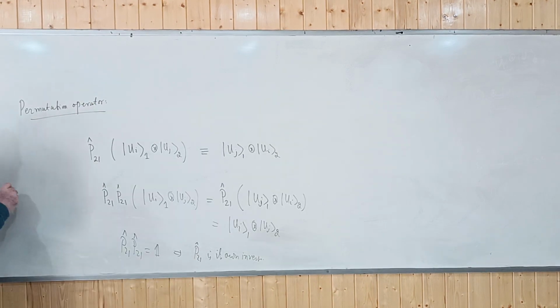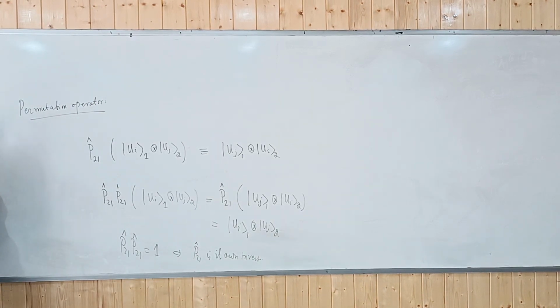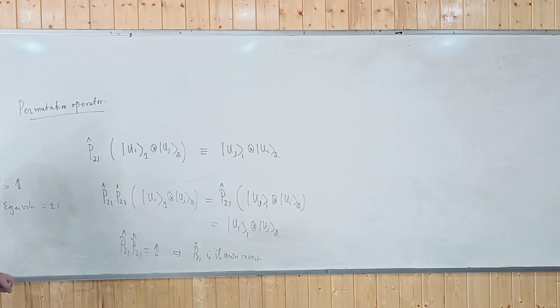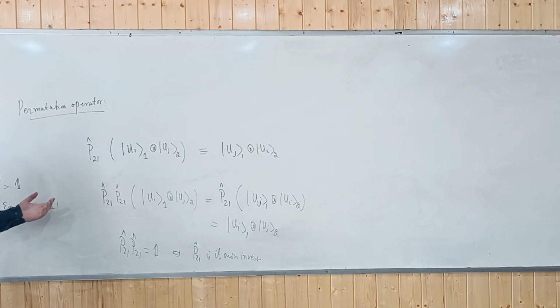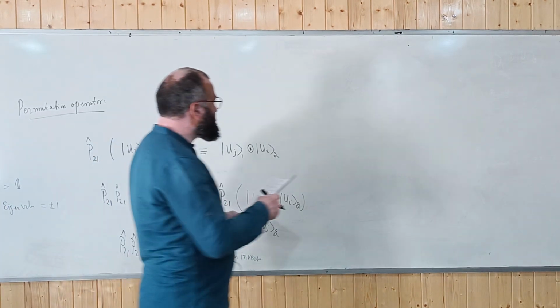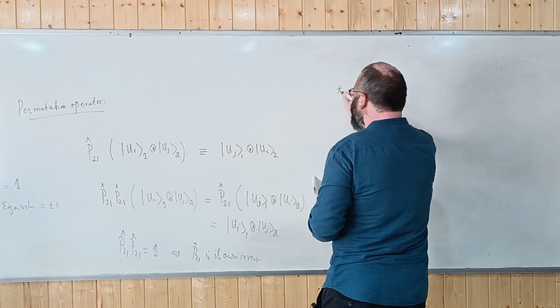Simply P squared is equal to identity, which implies the eigenvalues are plus minus 1. Based on these facts, we will in a moment construct those kinds of eigenstates. Okay? Clear? Before doing that, we'll show P21 is a Hermitian operator for a two-particle system.